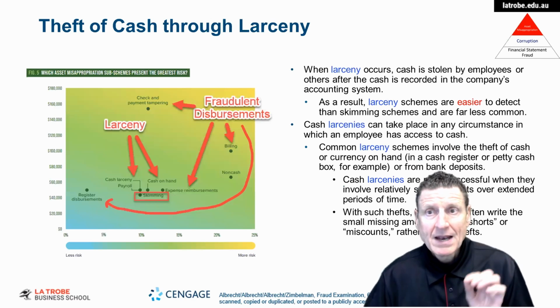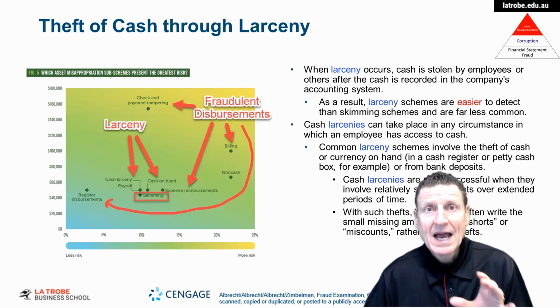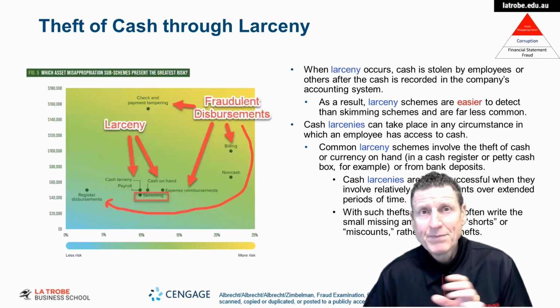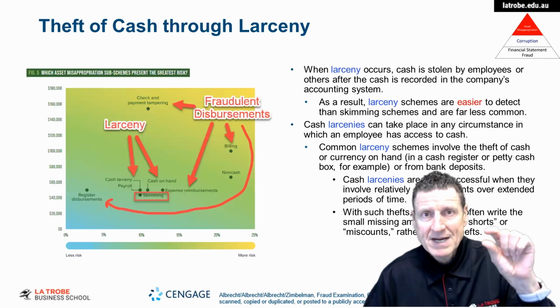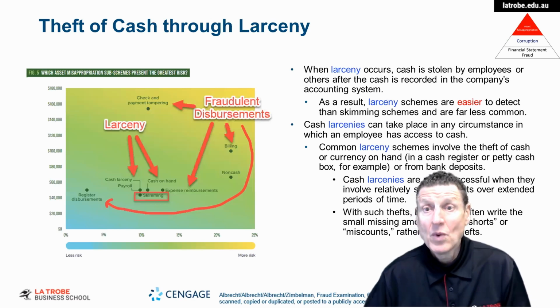As a result, larceny schemes are easier to detect. By contrast, skimming schemes are much more difficult to detect because you may not know how much was skimmed off the top, because all you have is a record of the post-skimmed amount coming into the organization. Wow.